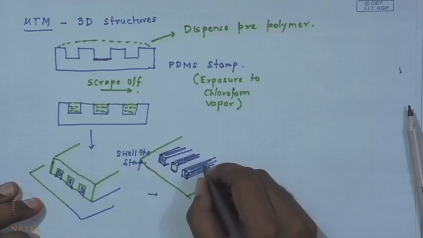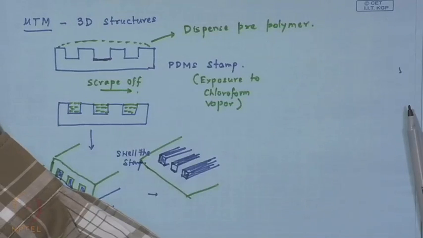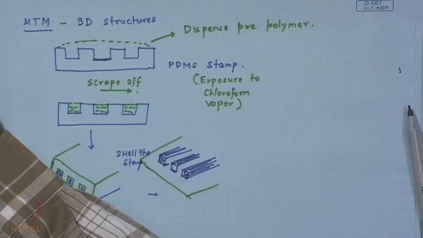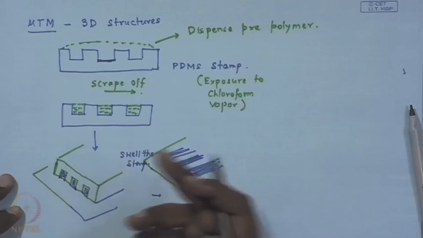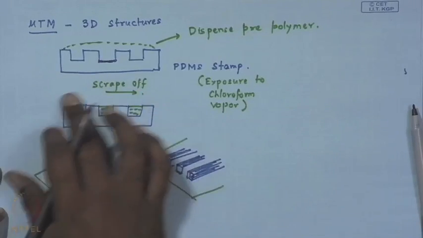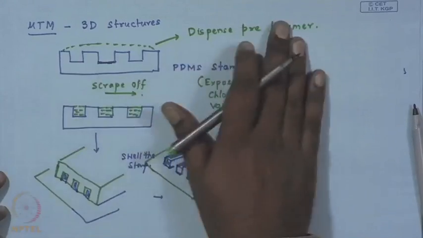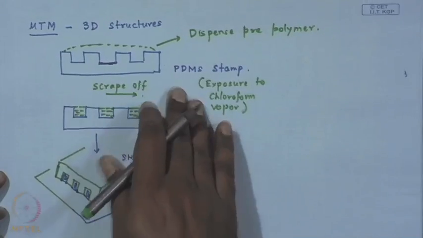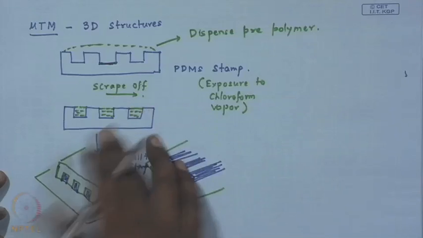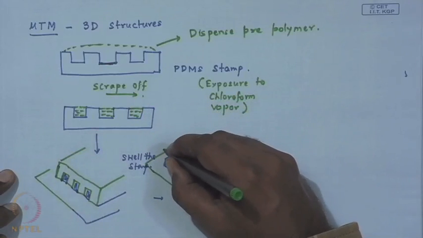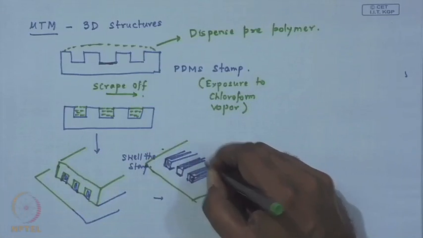Now, so this is fine, you have some nice strips like this, but what is the advantage? Advantage is that you can repeat this process again. Okay? You can take another stamp, scrape off, fill it up with the dispensed polymer, scrape it off, do the polymerization there, and now suppose you bring in that stamp and place it over here, swell it.